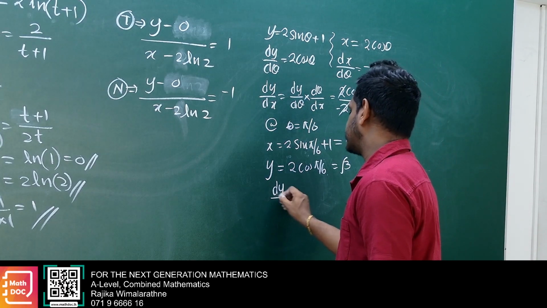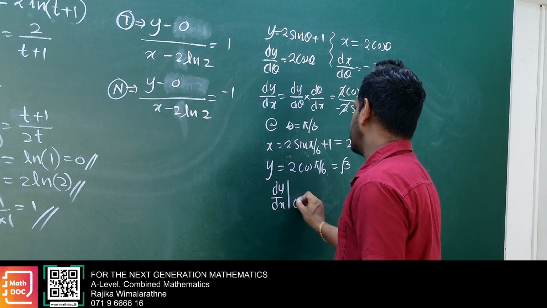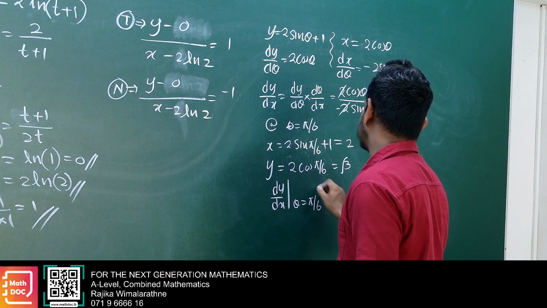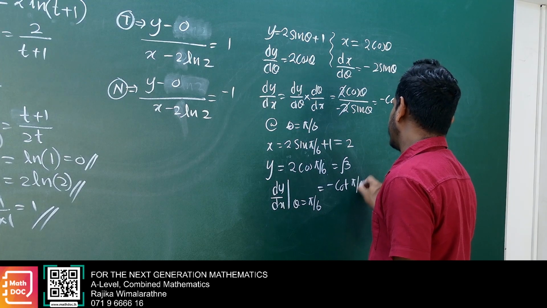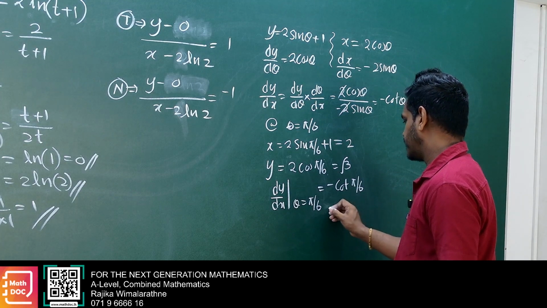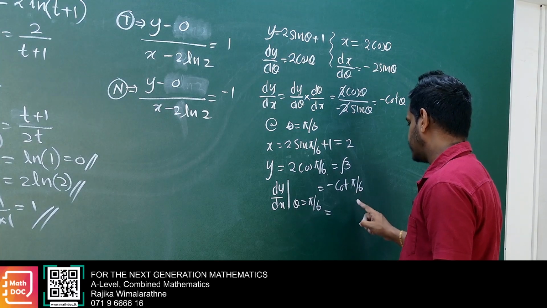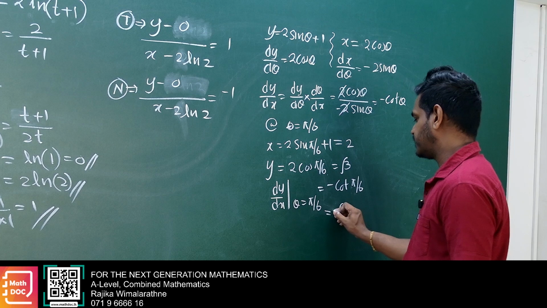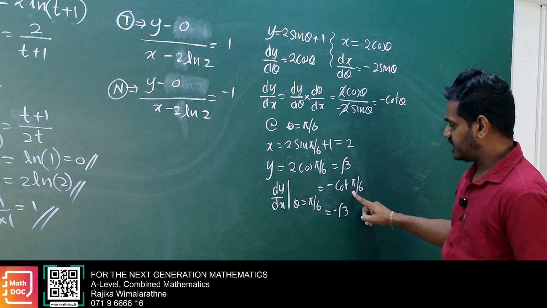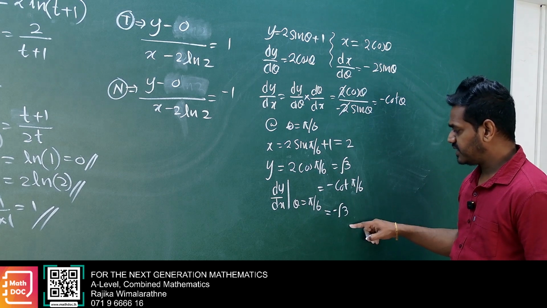Then dy by dx at theta equals pi divided by 6 is minus cot pi divided by 6. Cot 30 is 1 over tan 30, which is root 3, so minus root 3.